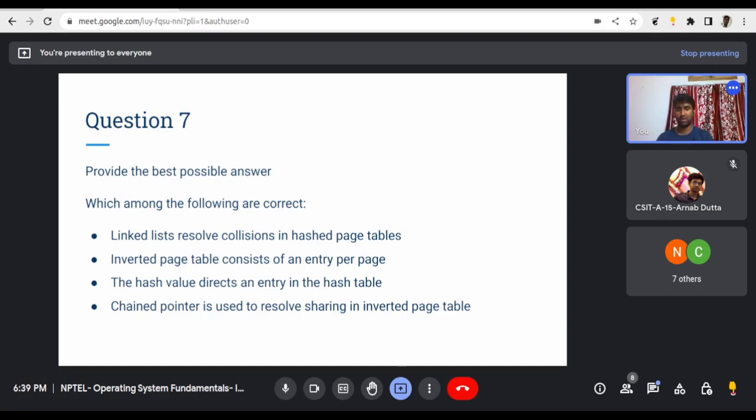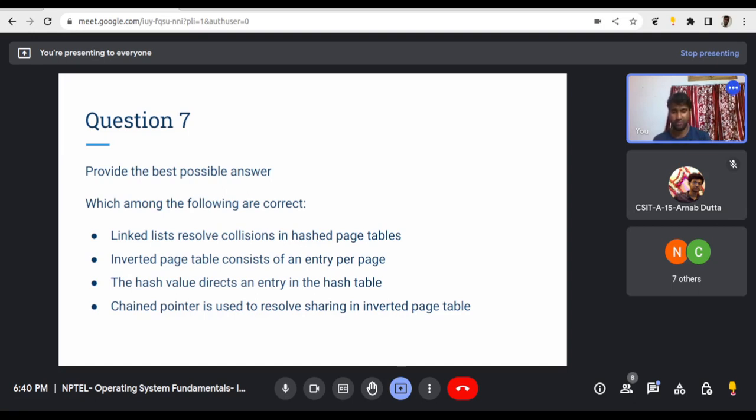So what the inverted page table stores is that instead of storing a page table per process, it stores a single page table for all the ready processes that are present in the main memory, and it stores one entry per page that is present in the main memory.